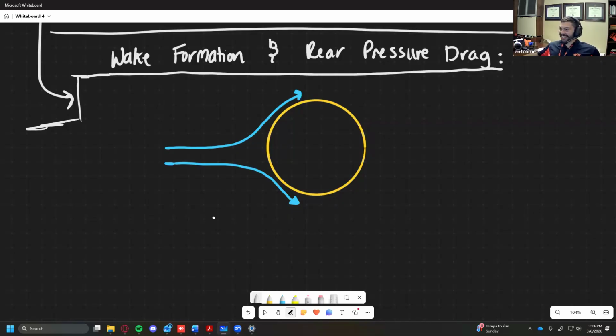All right. So last little thing that I want to talk about here, as part of this parasite drag overview. So this flow goes around the ball. I'm curious, before I even start talking about this, how many of you have ever found yourself behind an 18-wheeler on the highway in your car?